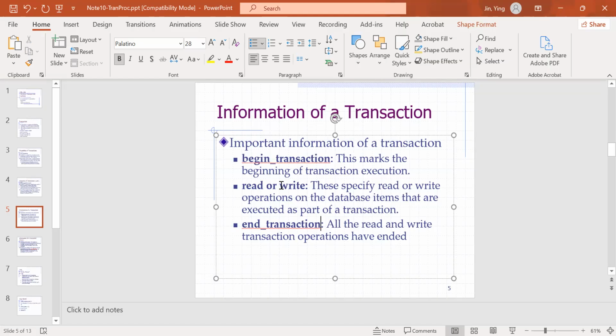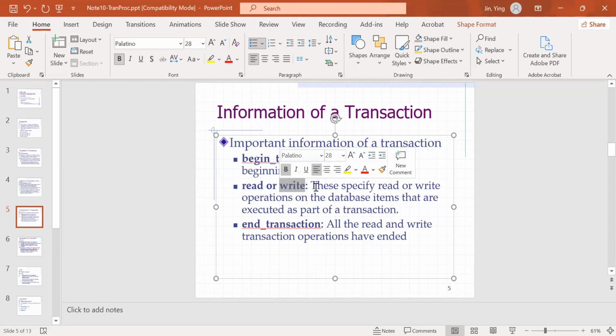When we talk about the write operation, it only means the value of, say, if we write X and the value is 100, that is the value when we perform things in the transaction.